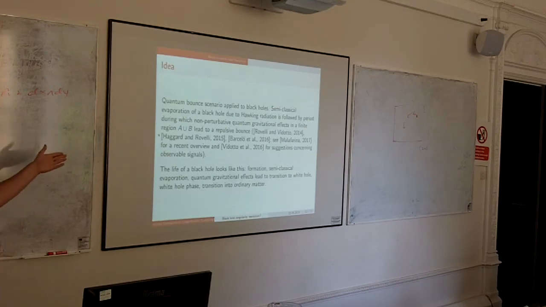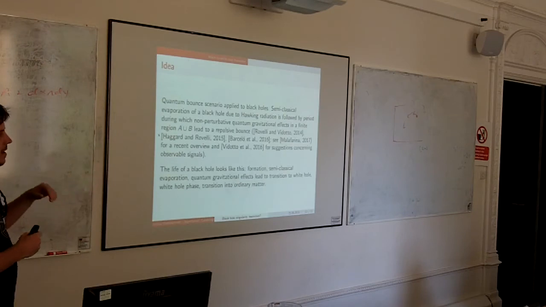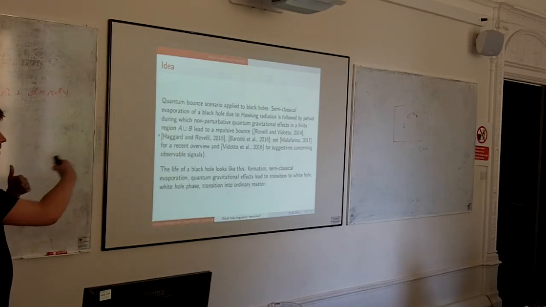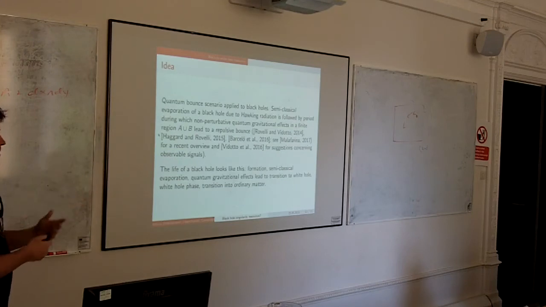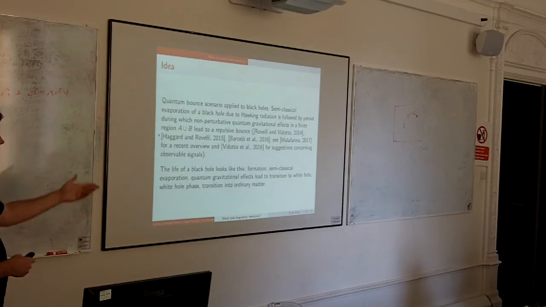So under this picture, the life of a black hole looks like this. The black hole forms, evaporates, quantum gravitational effects kick in, and this leads to a transition to a time reverse of your original solution. So because we start with a black hole, this will be a white hole. Then we have a white hole phase, in which some material is being ejected from the system, so it loses mass even further, and at some point it will transition into ordinary matter.